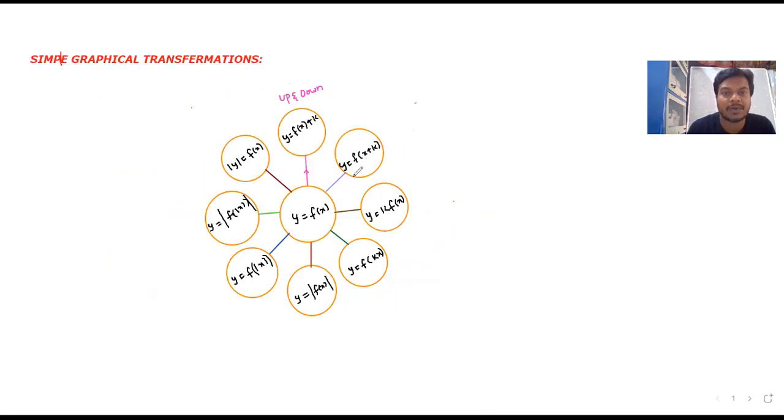Next, we are going to discuss the graph of y equal to f of x plus k. Suppose y equal to f of x is given, then how to draw the graph of y equal to f of x plus k?